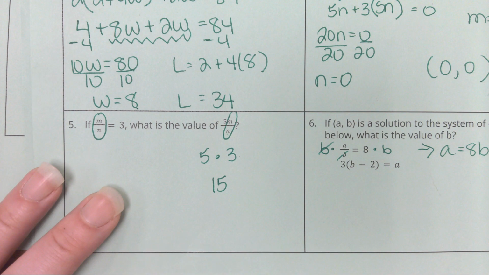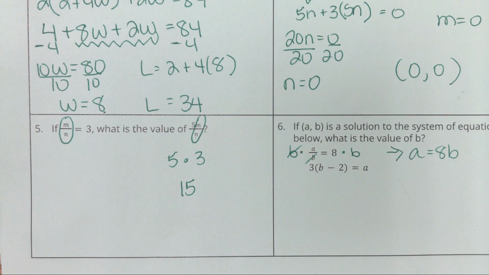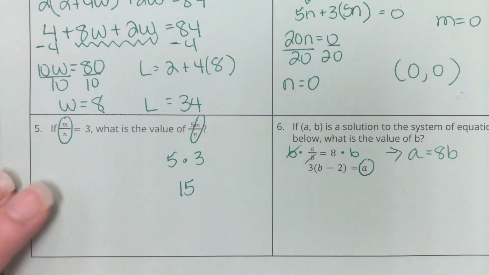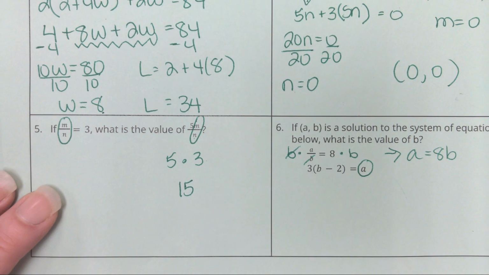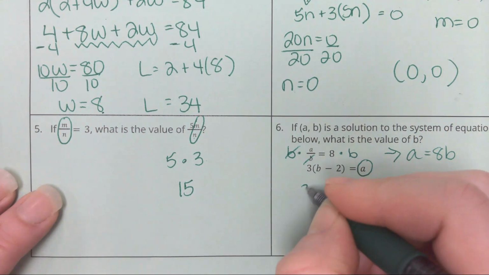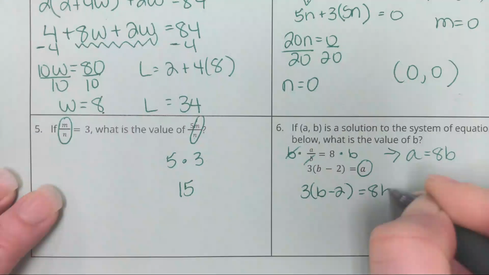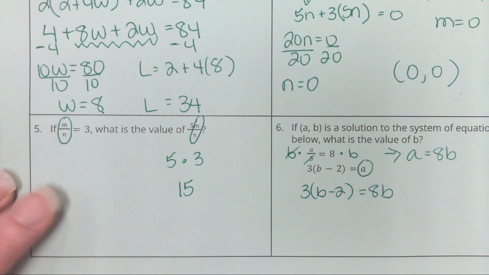What could I do in the bottom equation with that? Take out 8. Sorry, take out A and replace it with 8B. Do you see how then you could solve for B and you'd have an equation? Okay.